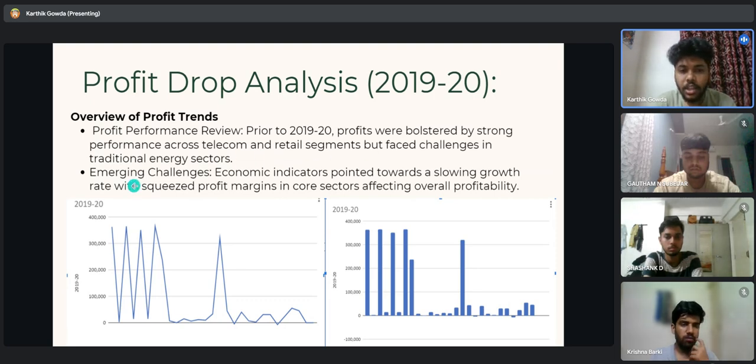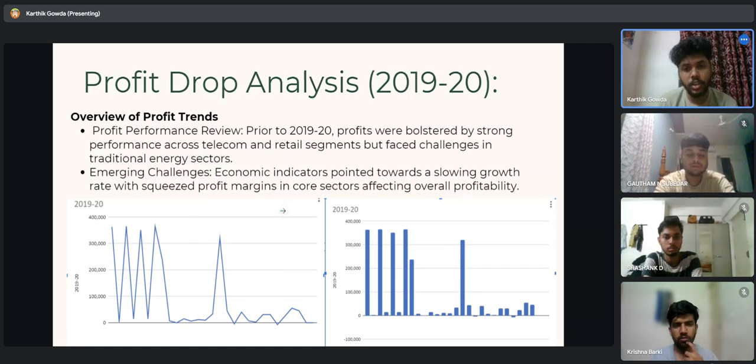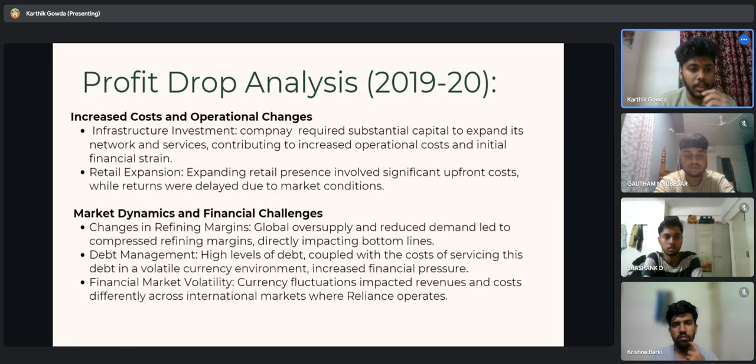And the emerging challenge: economic indicators are pointing towards a slow growth rate with squeezed profit margins in the main sectors. If you look over the main sectors, the economic indicators point to slow growth, so the overall profitability will be less, and the profit trend compared to all sectors declined in that financial year. Another reason is increased costs and operating charges.